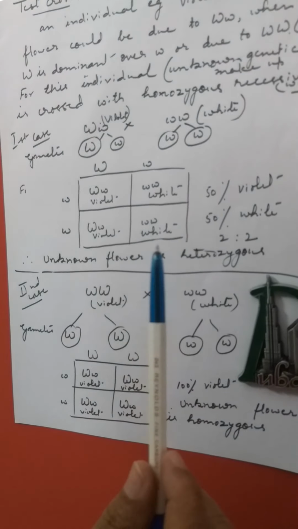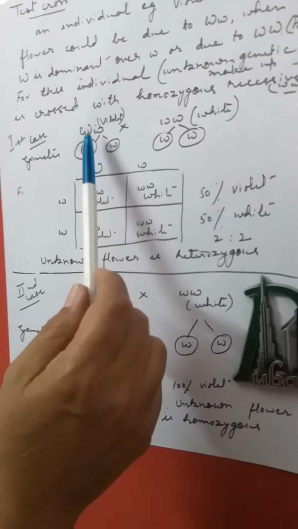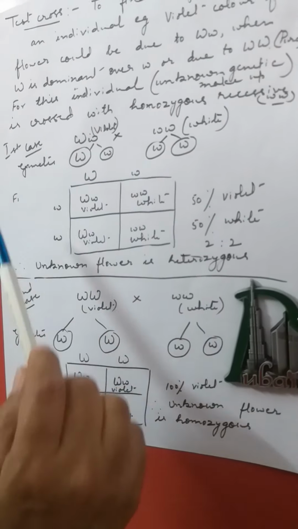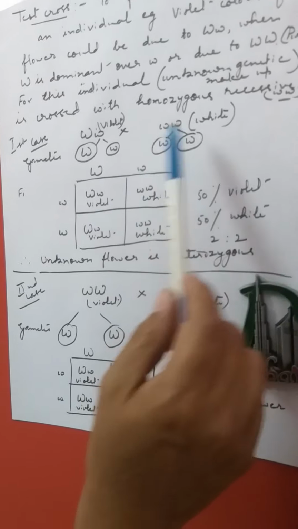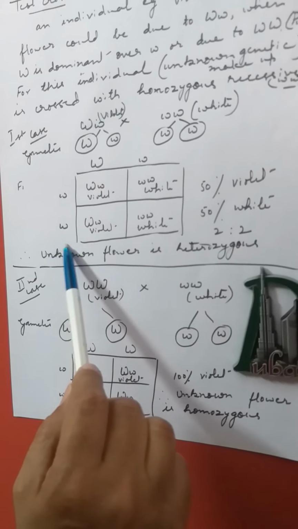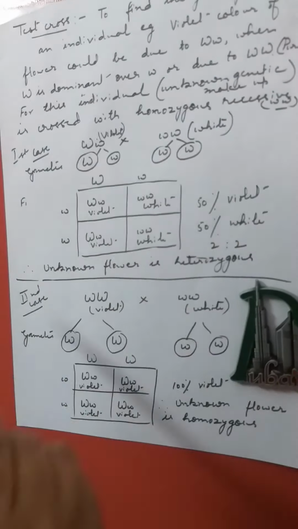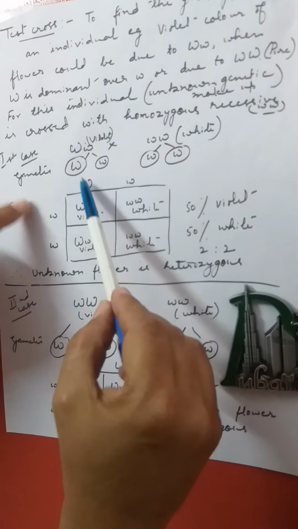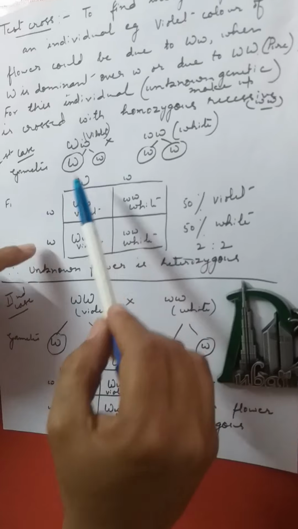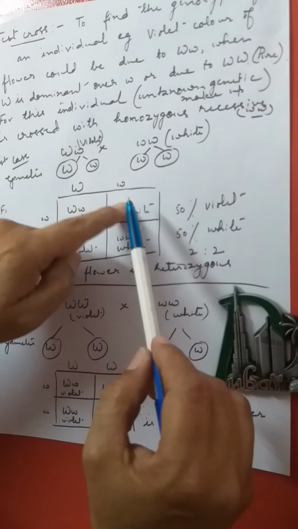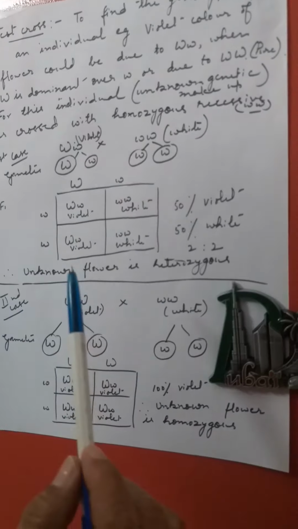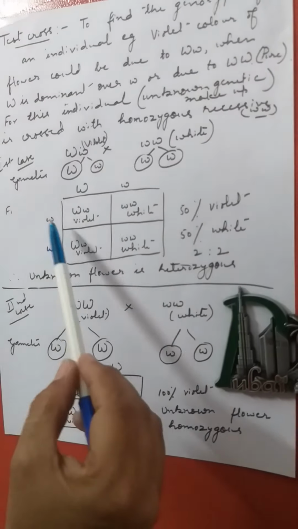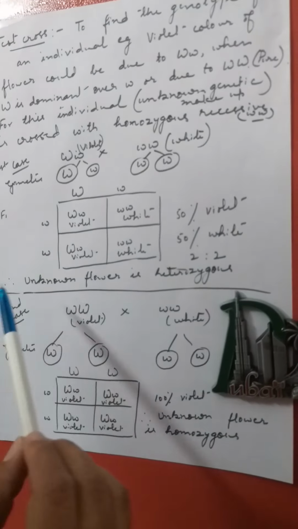In the first case, when we suppose that it is hybrid, we take the gametes like this on one side and the gametes of this on this side. You can take it the other way; the result will be the same. Here we get capital W small w, capital W small w, small w small w, small w small w. If we look at the result, it is violet because capital W is dominant over this.